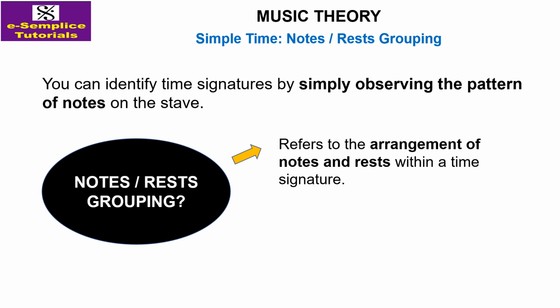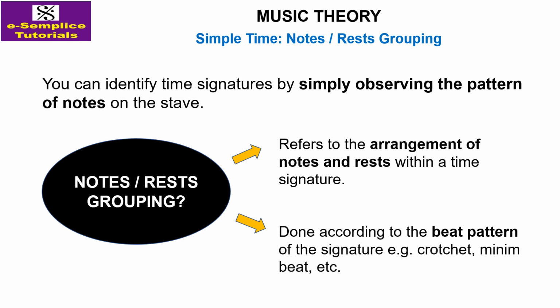You don't just throw notes and rests on the staff or in the bars. There has to be a pattern of arrangement of those notes and rests according to the time signature. So that's what we'll be considering in this video.